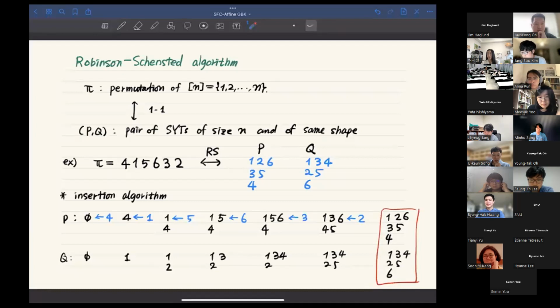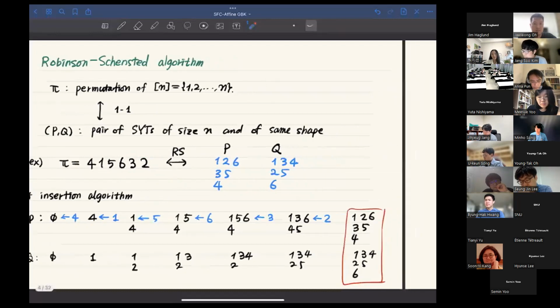You can find this in any standard textbook in combinatorics, like Stanley's Enumerative Combinatorics. So, for instance, if you have a permutation like this, the Robinson-Schensted algorithm gives us a pair of standard Young tableau of the same shape. In this case, the shape is 3, 2, 1. And the algorithm breaks down into what's called the insertion algorithm, but I'm going to omit the details.